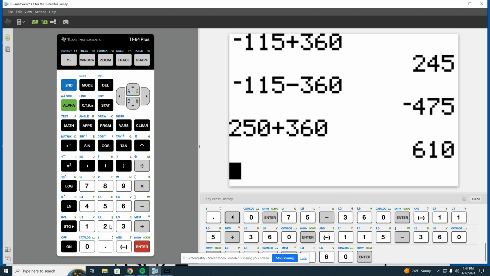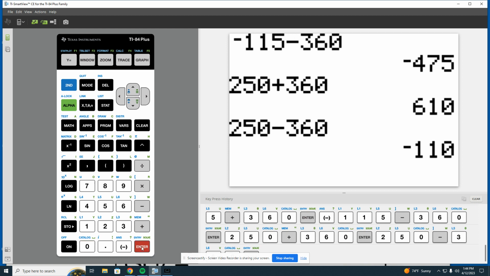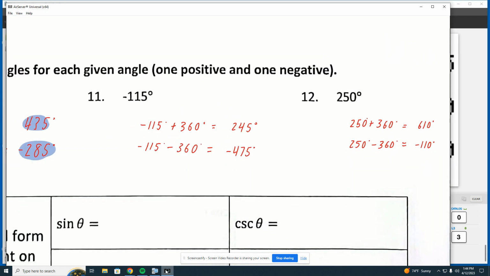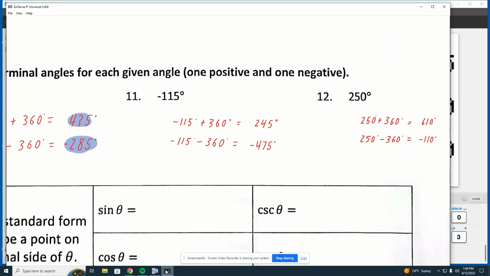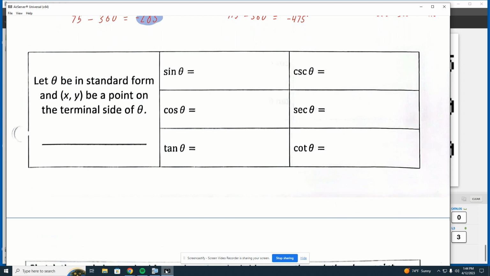And then 250 minus 360 gives me negative 110. Okay, so let me go back where you can write those down if you didn't catch them the first time that I did it. There they are. Very, very simple concept.